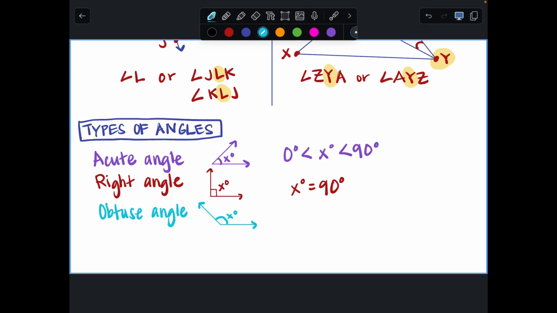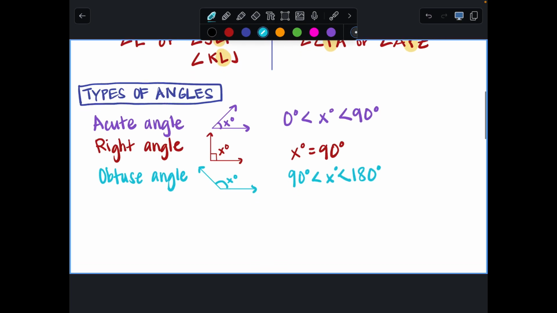An obtuse angle is between 90 degrees and 180 degrees. A straight angle forms a line and is equal to 180 degrees.